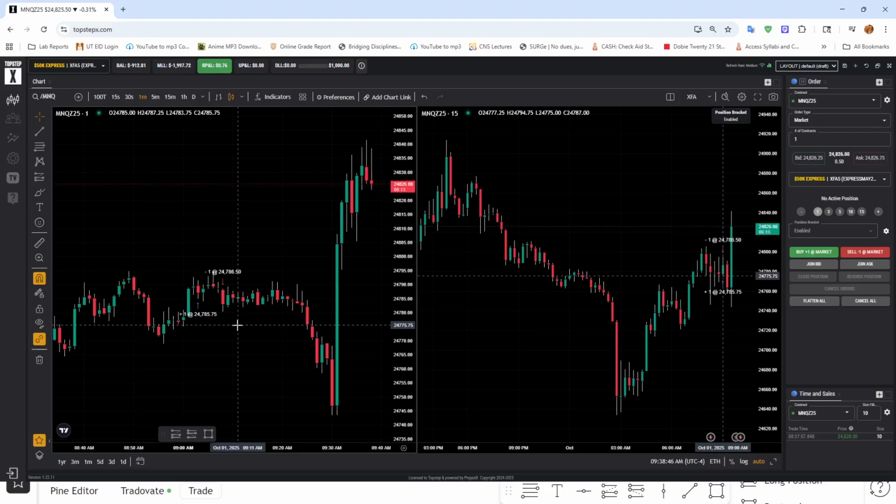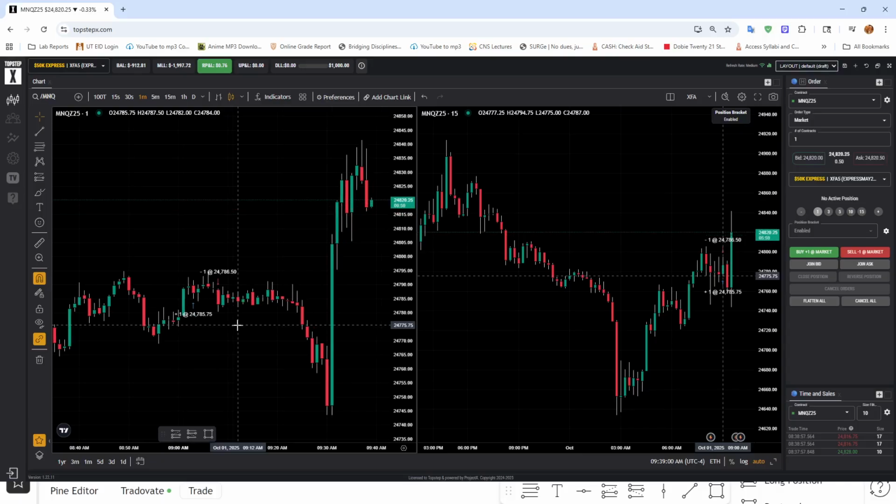And then I gave you quadrants on this Friday and Monday, this big gray area here. That's the lower quadrant. Halfway point is right here, or consequent encroachment. The upper quadrant is here. And then here's the high of it.